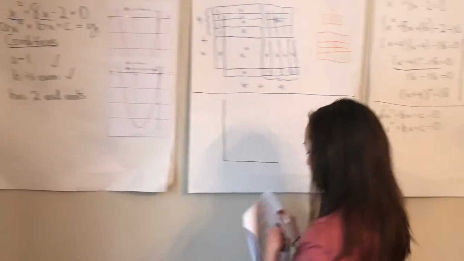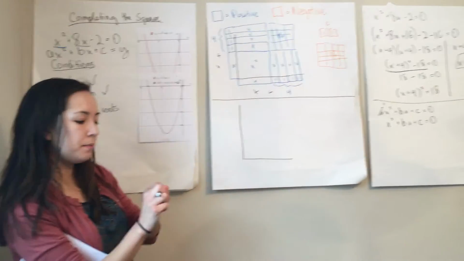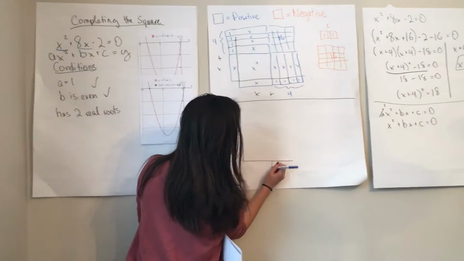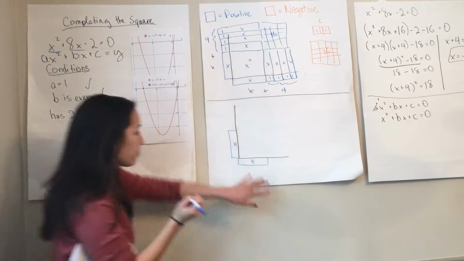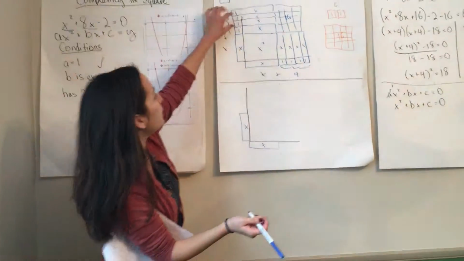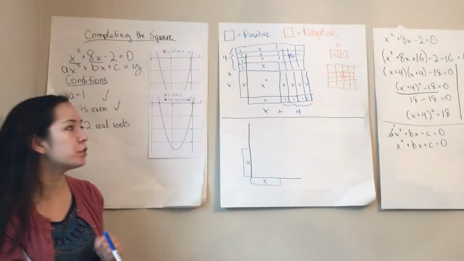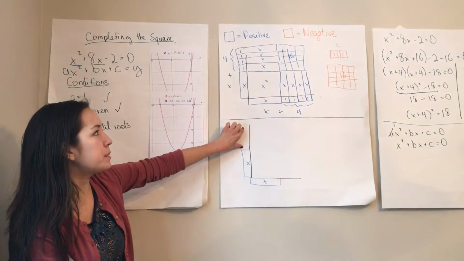So going back to our algebra tiles, again, we know that we have just one x squared term, since our a is equal to 1. So you have x. We know b can be divided by 2. Just like up here, we needed these two sides to add up to 8. So in this case, we need this side and this side to add up to b.